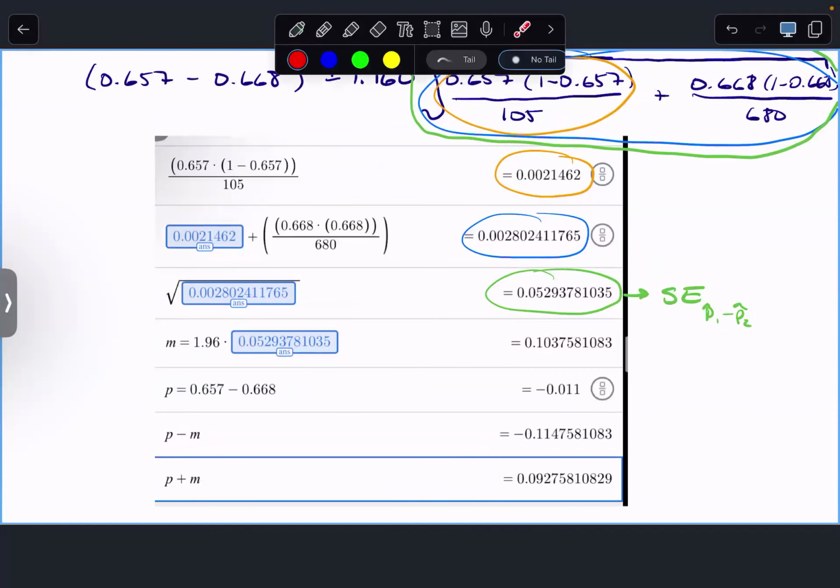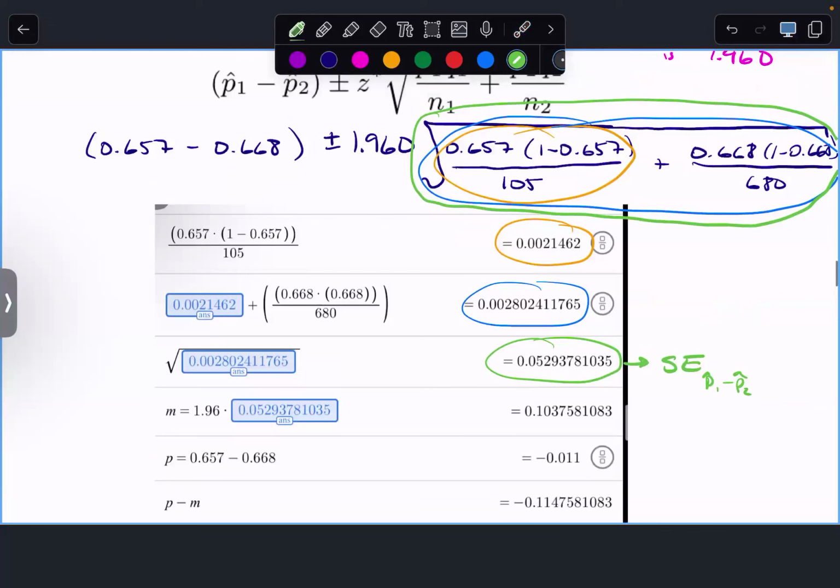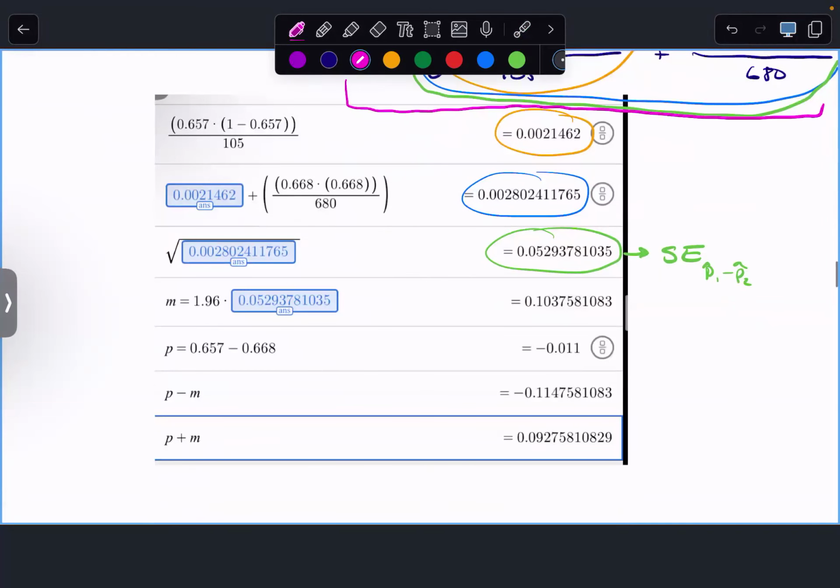Now I can do cute things like storing it in M, 1.96 times the standard error. Well, this becomes my margin of error. So this whole plus minus thing is still the margin of error.